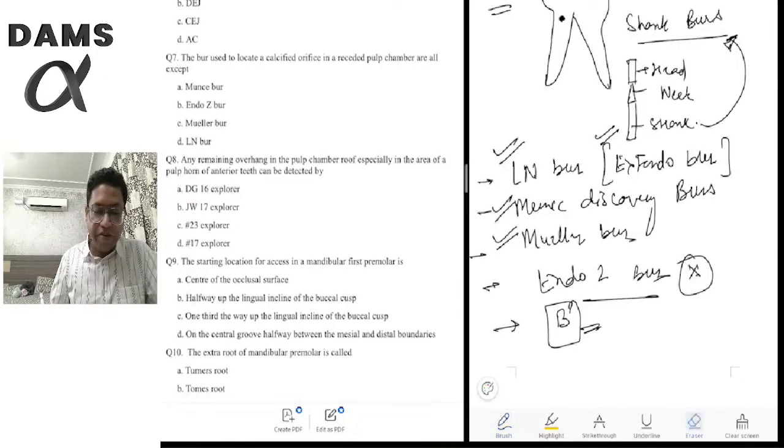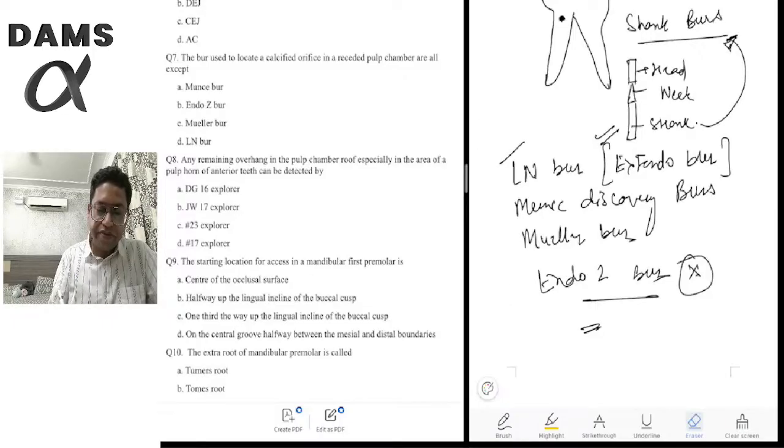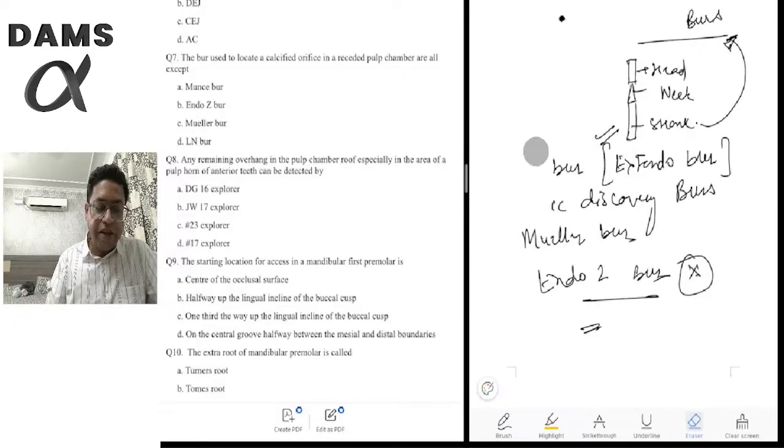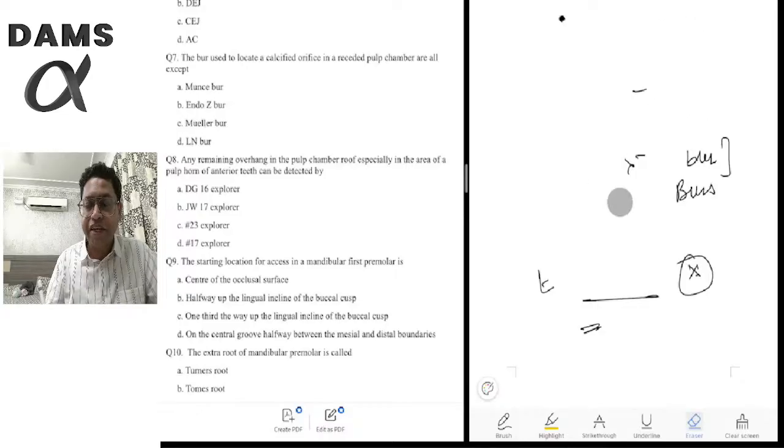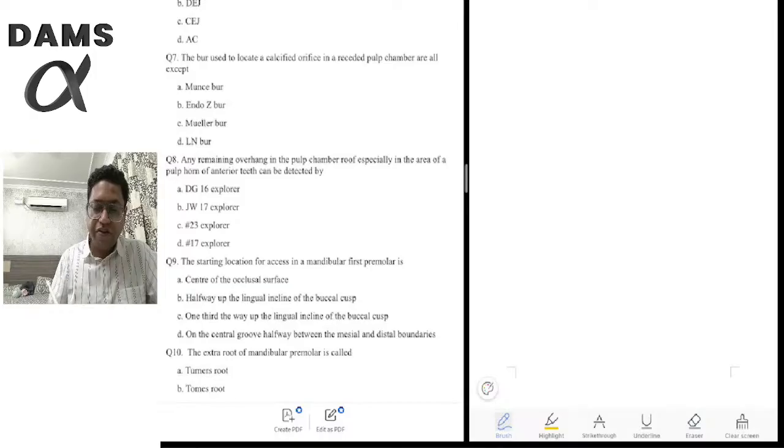Coming over to question number 8. Any remaining overhang in the pulp chamber roof, especially in the area of pulp horn of anterior teeth, can be detected by. What is the question asking? The question is asking how can you detect the residual overhang of the pulp chamber when making access cavities, especially of anterior teeth.